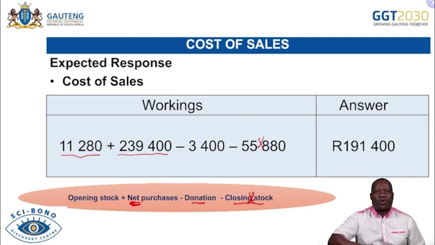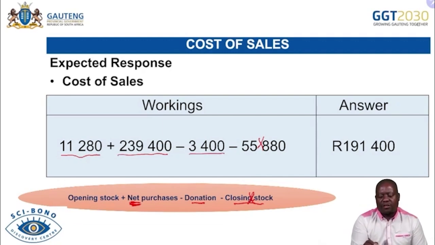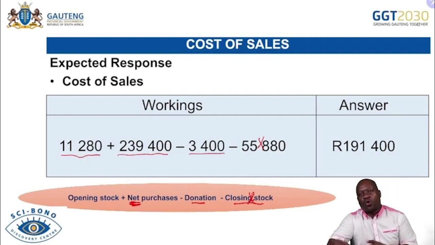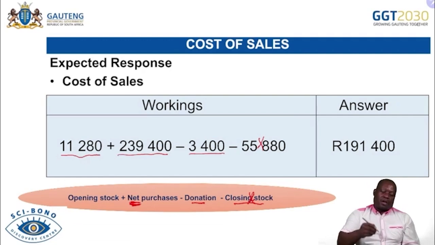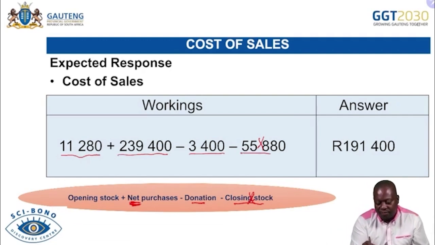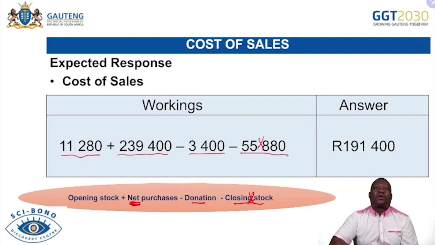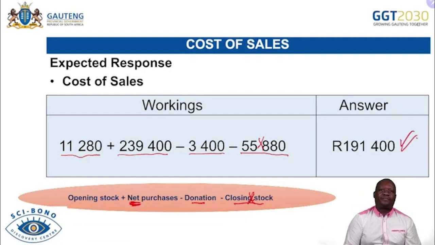In this question, there were no returns, so it's fine. But if there were returns, we should have subtracted them also. And then minus donations, 3,400 donated. Remember those 40 bags that have been donated to the local school. That 40 bags, one of which is the one that was donated to you by the school anyway. And then we subtract our closing stock, and that gives us our cost of sales.